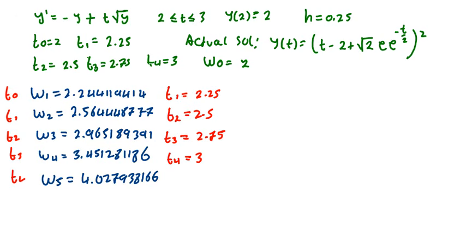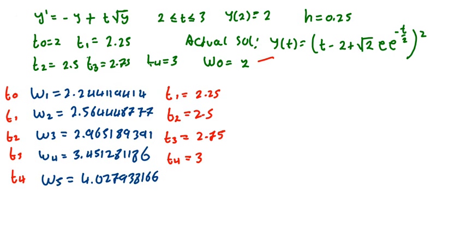But when you're making comparisons with the actual solution, you don't place t naught. No, that's wrong, because the one where you're required to place t naught is this one right here. So you're going to compare with this one, not this one.